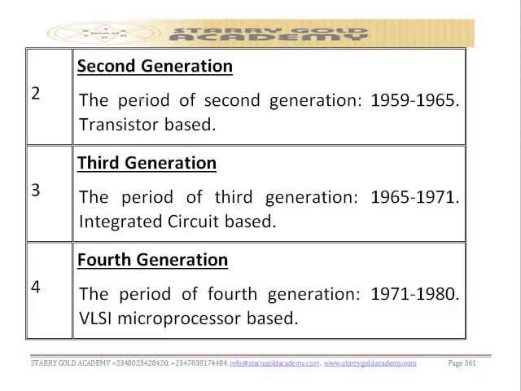Second generation of computers. This was the period between 1959 and 1965. They made use of transistors. They are transistor based computers. Third generation of computers.